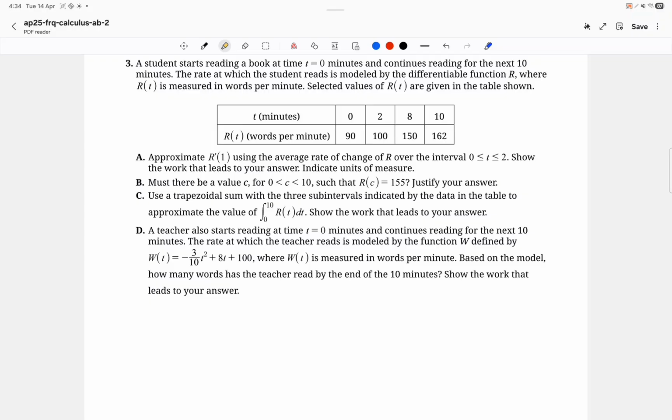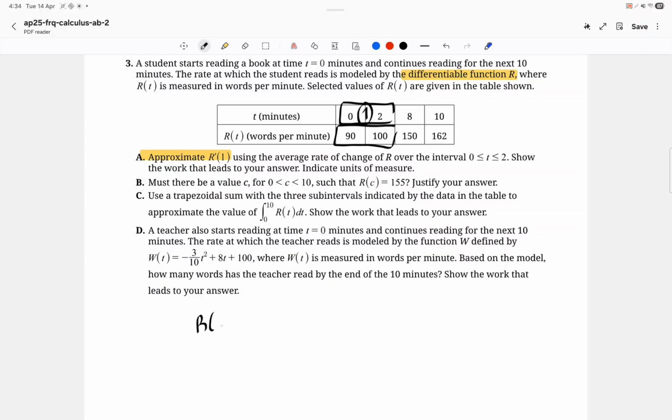Okay, so R is a differentiable function, so it's continuous. If it's differentiable, it's continuous. R is measured in words per minute. They want to find R prime of 1. So 1 is somewhere here. So you must use the points around it.